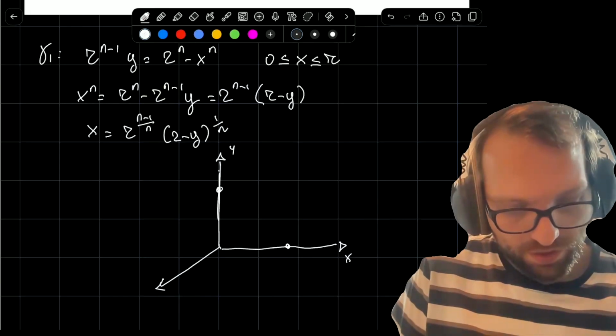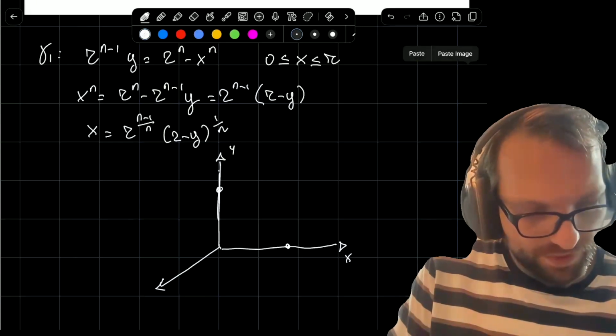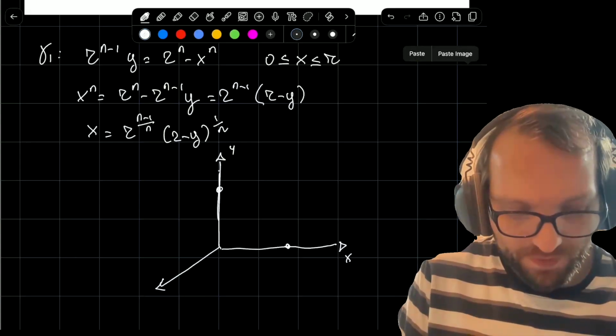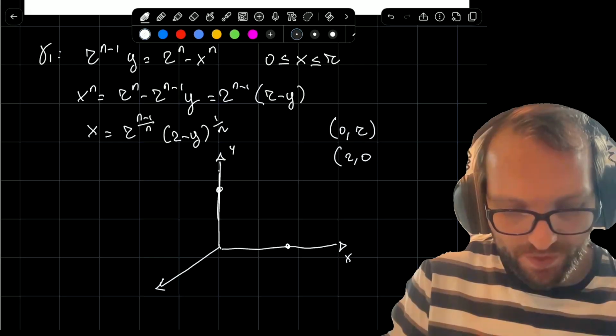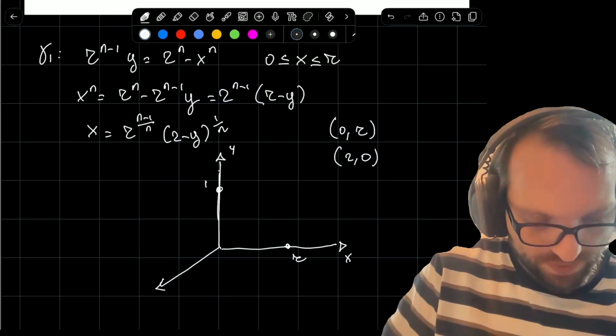We can easily find that this gamma 1 will pass through (0, r) and (r, 0), so it's going to be something like this.